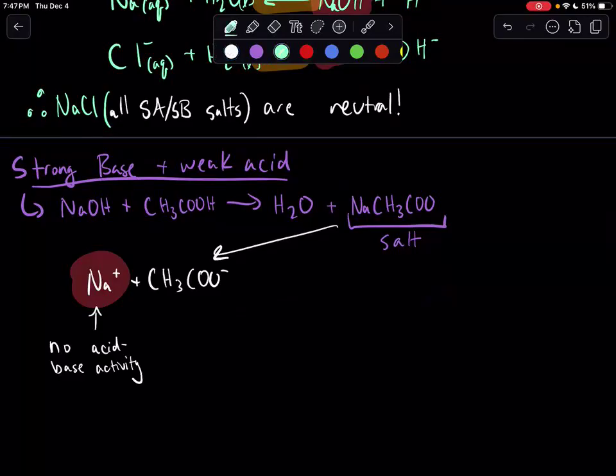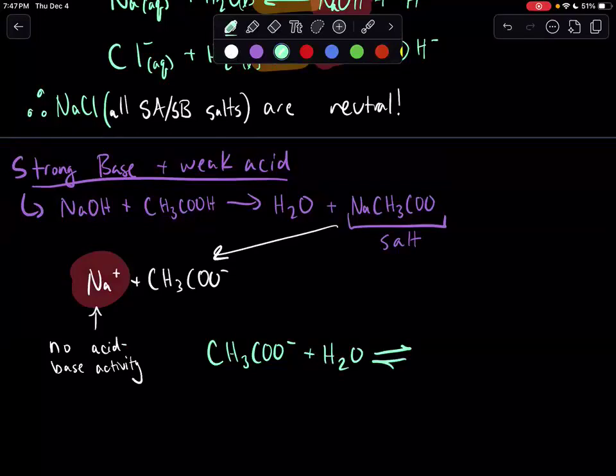The ethanoate, on the other hand, we know this comes from a weak acid with an acid dissociation constant. When we add it to water, we do in fact get an equilibrium reaction where we're going to have that hydrogen from the water be stripped off the water and added to our ethanoate to once again make our ethanoic acid, leaving us with hydroxide.